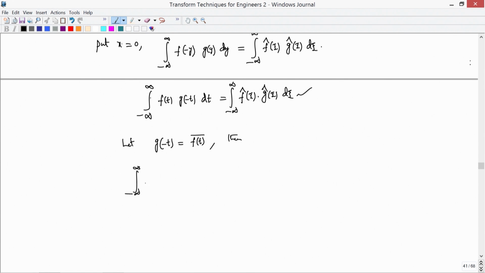Then this identity becomes the integral from minus infinity to infinity of modulus of f of t squared dt, which is exactly your left hand side, and the right hand side.